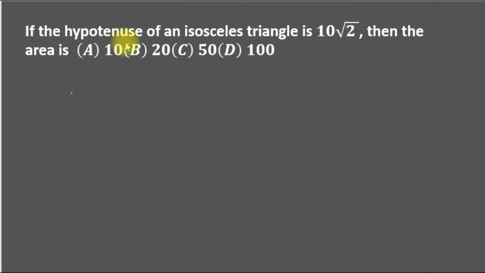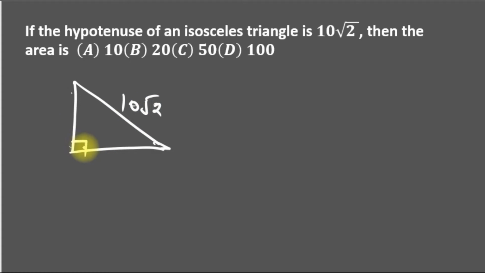If the hypotenuse of an isosceles triangle is 10√2, then what is the area? Well, we have a hypotenuse, so this must be a right angle triangle. They say the hypotenuse is 10√2.